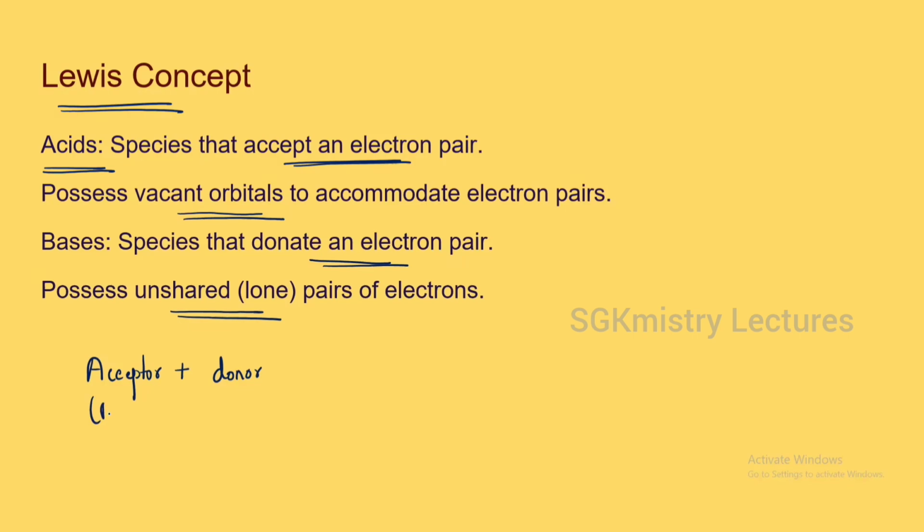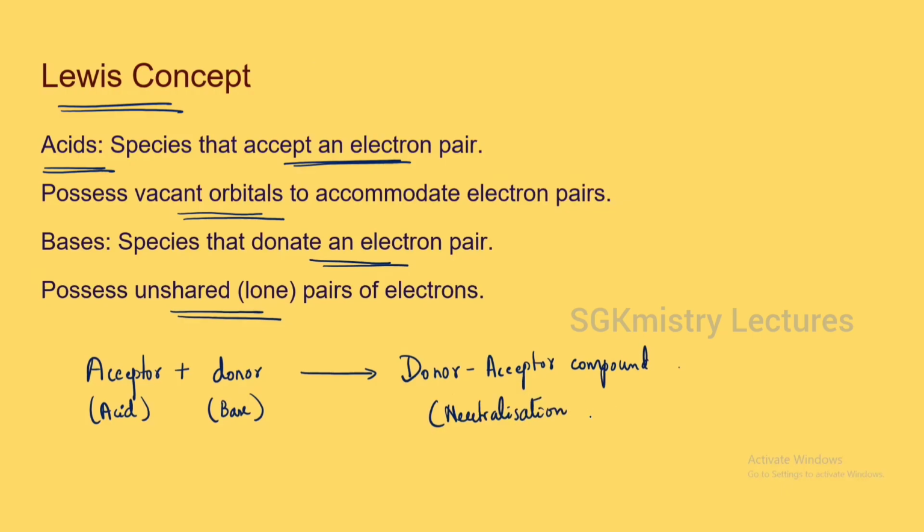The electron pair acceptor is the acid, and the electron pair donor is the base. It gives rise to the donor-acceptor compound, or you can also call it a neutralization product.